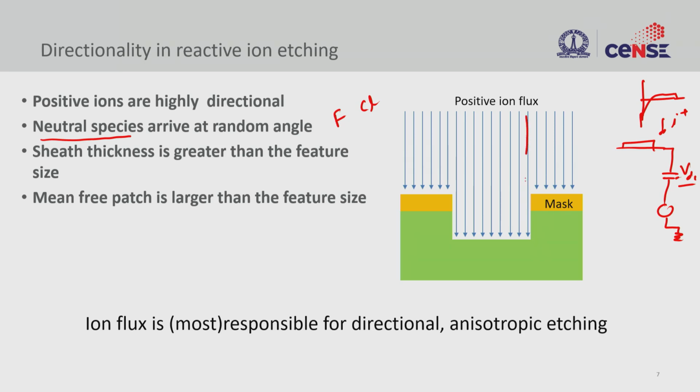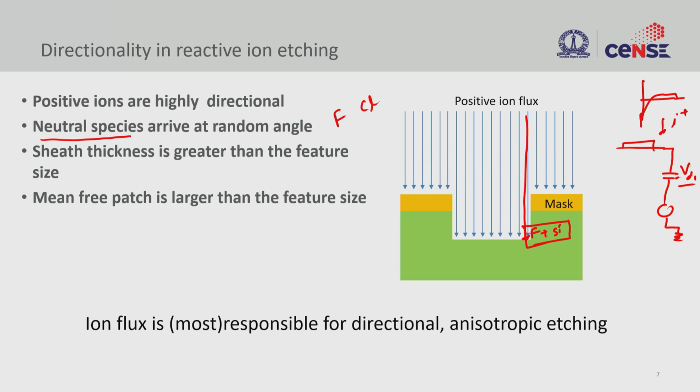Wherever you have ions coming in, if it finds the radical, then the energy is transferred. And this energy transfer allows fluorine to react with silicon, let's say. Okay, so there is an additional energy that is required to enable this reaction, and that additional energy is coming from the positive ions. And how do you achieve directionality?